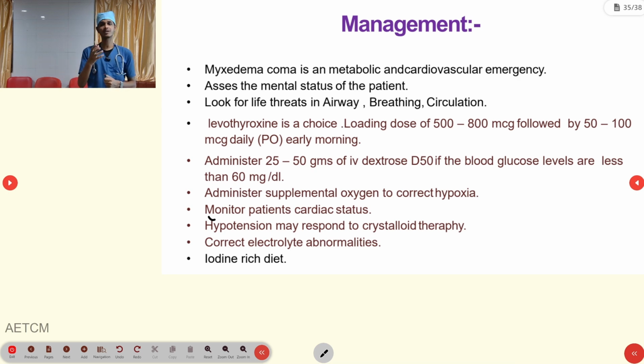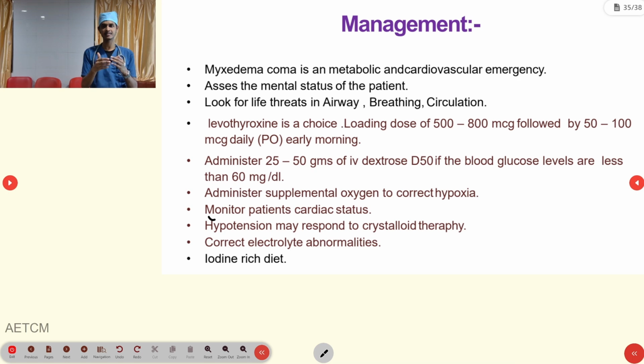The loading dose will be 500 to 800 micrograms given initially by oral dose, followed by a daily dose of 1 to 1.5 micrograms per kg. So if the person presents with myxedema coma, the initial dose is 500 to 800 micrograms, and after that, for daily dose calculation, you give 1 to 1.5 micrograms per kg.